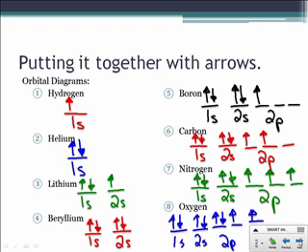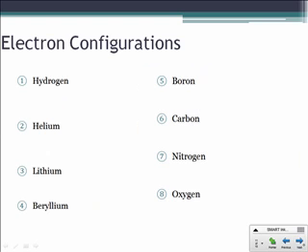How about with electron configurations? Well, let's take a look at that. So electron configurations are written a little bit differently. Instead of arrows, let me show you what it looks like. So for hydrogen, our orbital diagram from the previous screen looked like this.